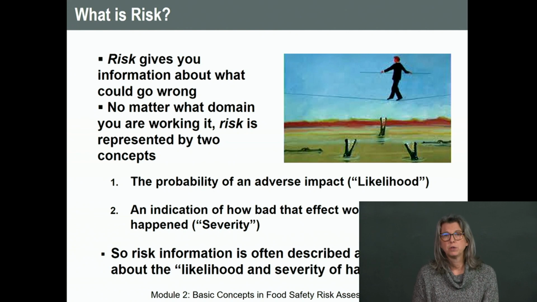There are also energy and many different domains in which risk assessment concepts are used, and they all use the same basic definition, which is that there are these two concepts. One is the probability of an adverse impact, which is the likelihood part, and the other is how bad it would be if it happened, which is the severity part of the outcome. So when we talk about risk information, it's described as the statement about the likelihood and severity of harm.